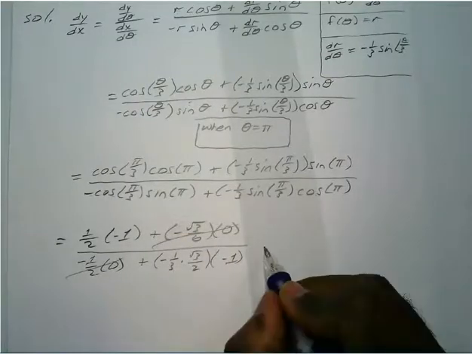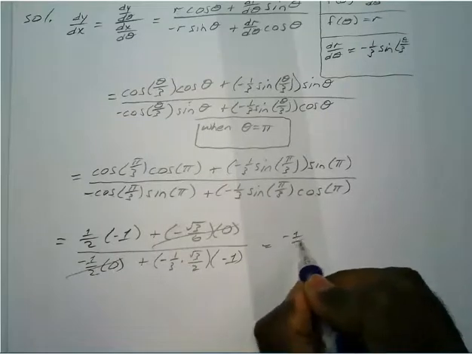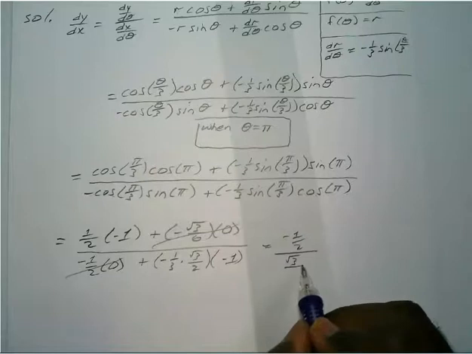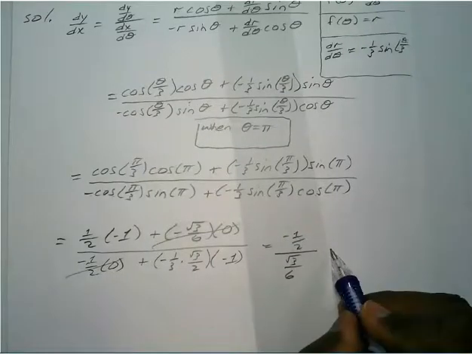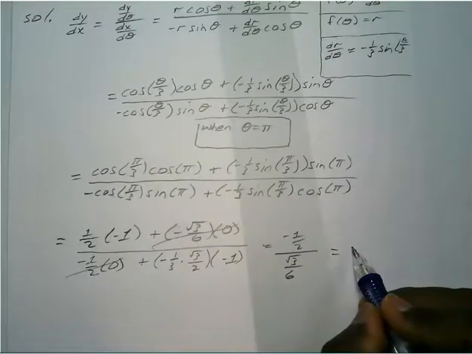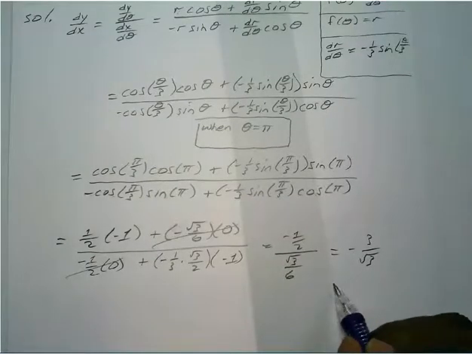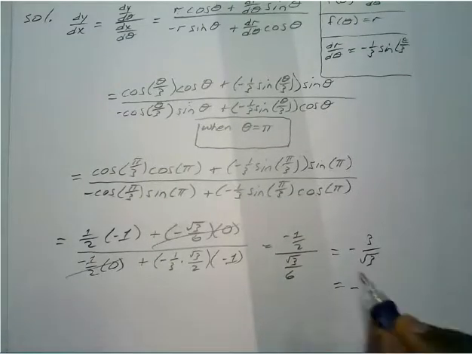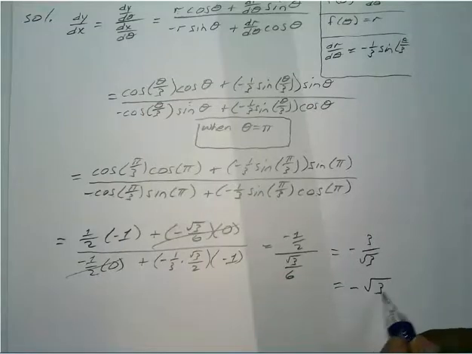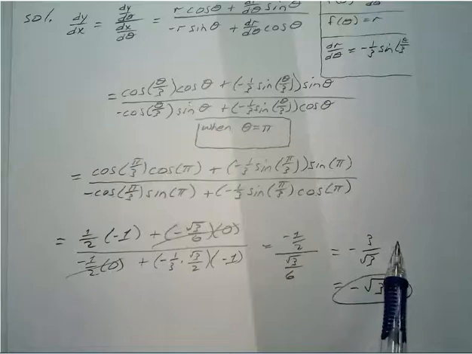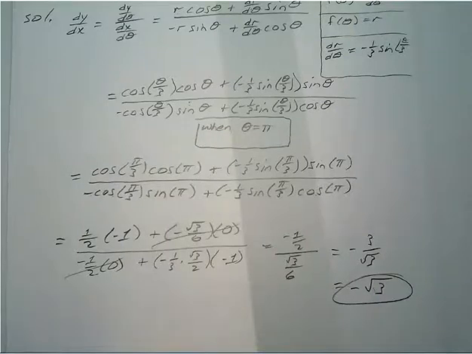So we have -1/2 over positive square root of 3 over 6, which simplifies to -3 over square root of 3, which is equal to, once that's simplified, -square root of 3. If you replace 3 with square root of 3 times square root of 3, that'll cancel out, leaving you there.